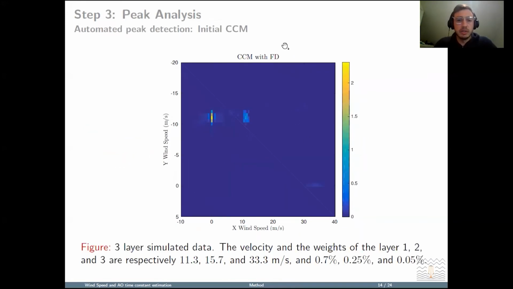Here we can see in this figure two-layer simulated data, where the first layer, which I'm pointing at, has a velocity of 11.3 meters per second and a weight of 70%. The second one has 50.7 meters per second, and the third one 33.3 meters per second, and this one has a 5% contribution.